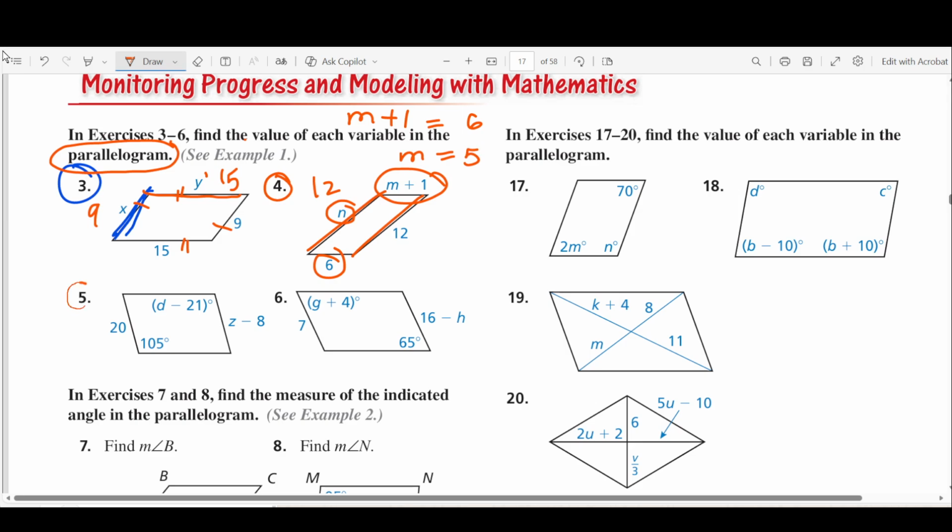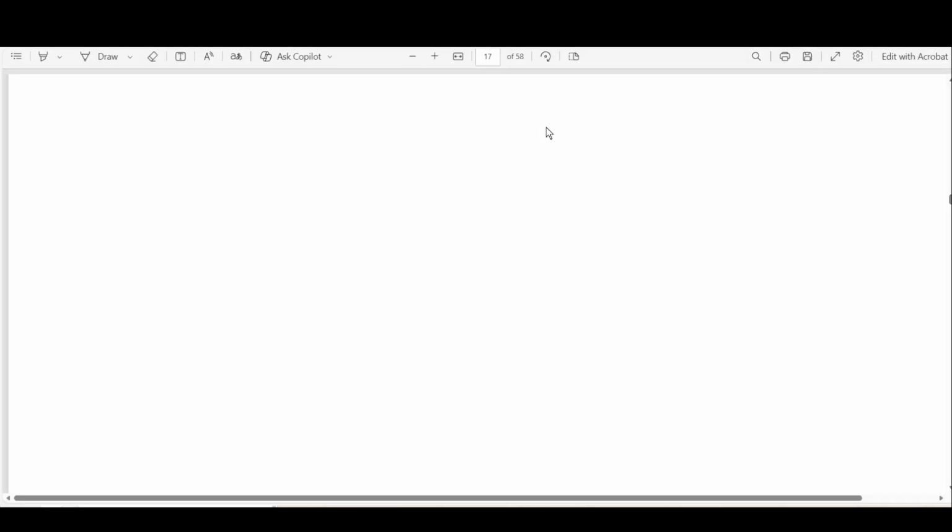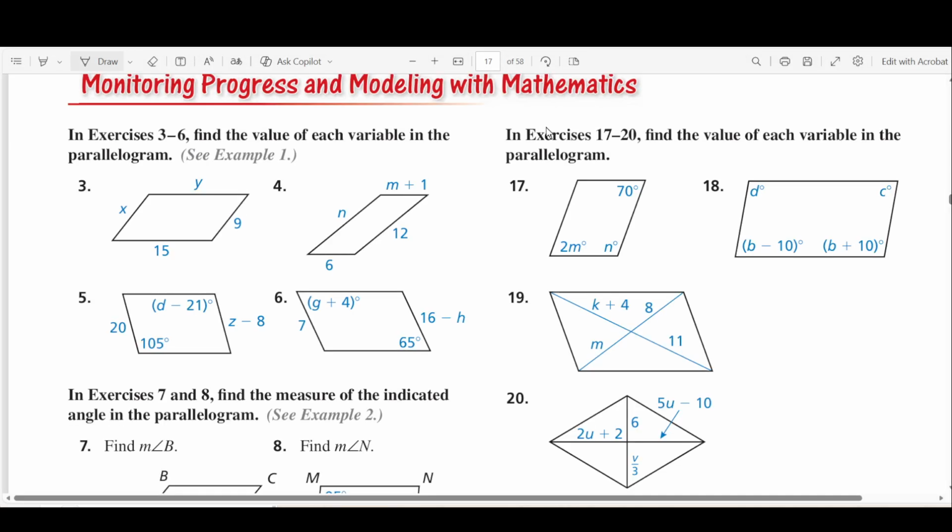Okay, let's try number 5. Let me erase it. We need to find d and z variables. So this angle is d minus 21, and this is 105.